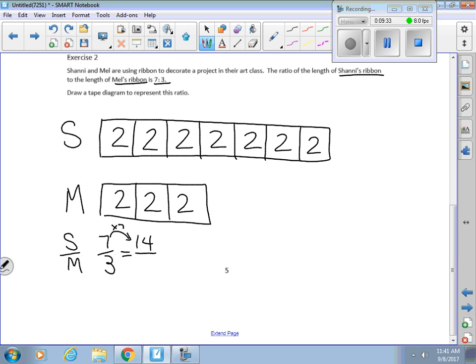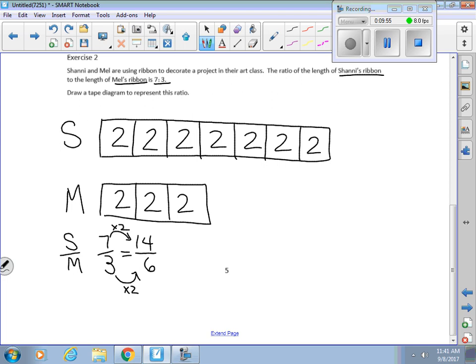Very good. So to keep this an equivalent ratio, we need to multiply the top and the bottom by the same thing. So Mel has 3 groups of 2, so times 2. 3 times 2 is 6. Yep. So that ratio is 14 to 6.